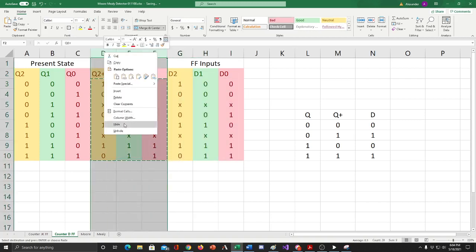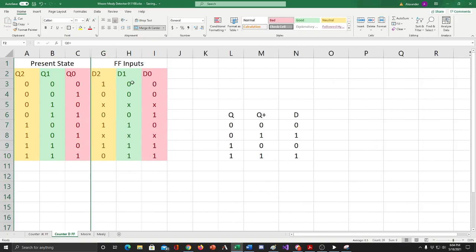Again, the D flip-flops are a function only of the present state, as they were last time as well. Once you have this written down, the D flip-flops are controlled entirely by the present state that we're looking at. So now I'll jump over to the Kmaps.